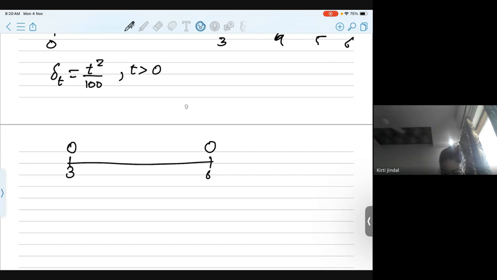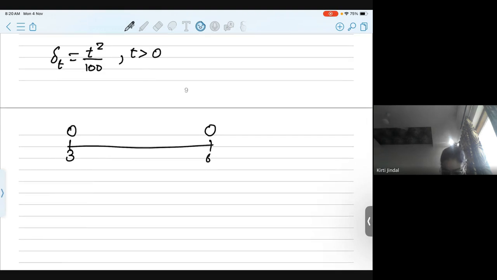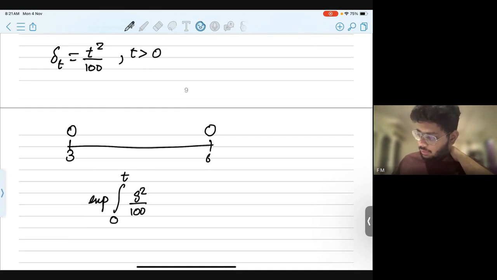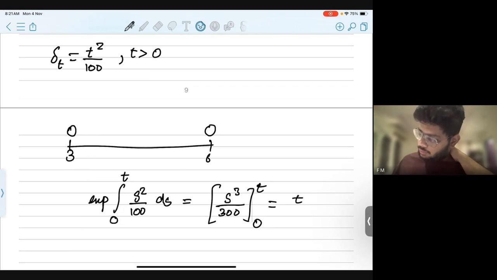0 to 3 delta t. First तो इसमें से we remove the integration का thing. Exponential integral 0 to t of s square by 100 ds is equal to s cube by 300, 0 to t, is equal to exponential t cube by 300.